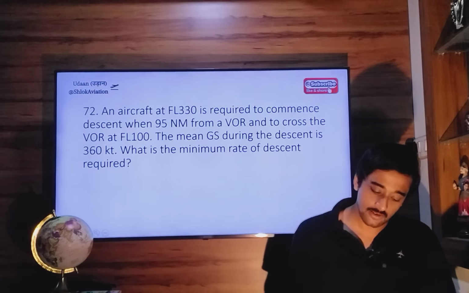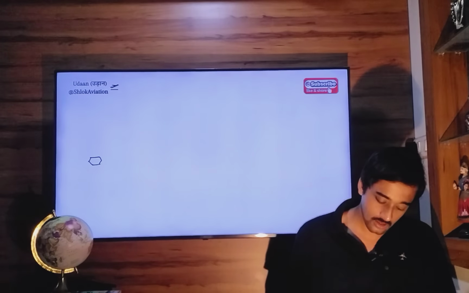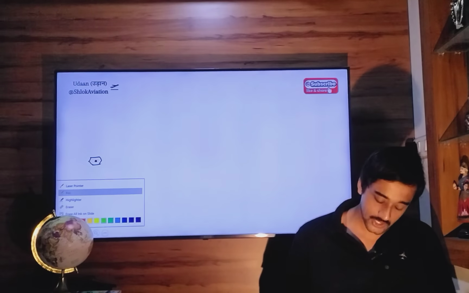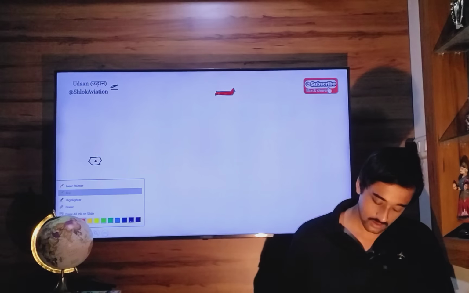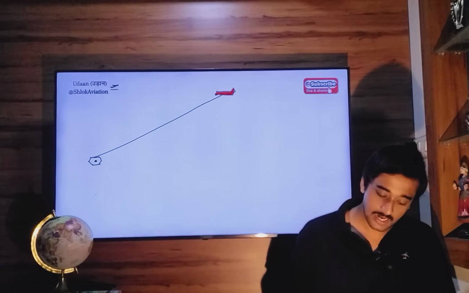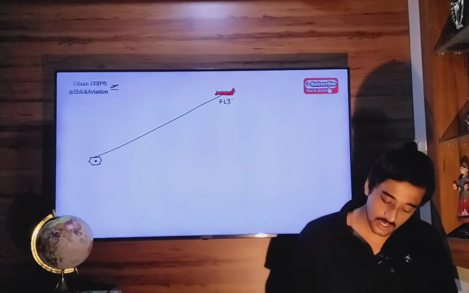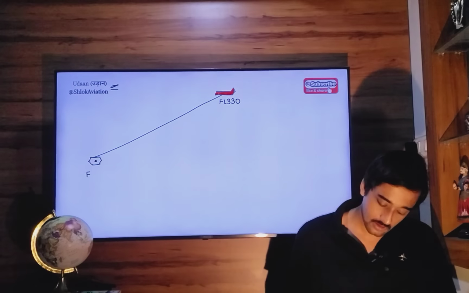72. Aircraft is at flight level 330 and it has to arrive at the VOR at flight level 100. So this is your VOR station. Here is your aircraft. So flight level 330 to flight level 100.